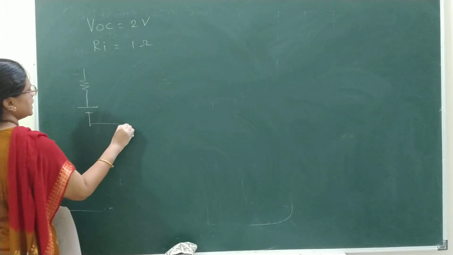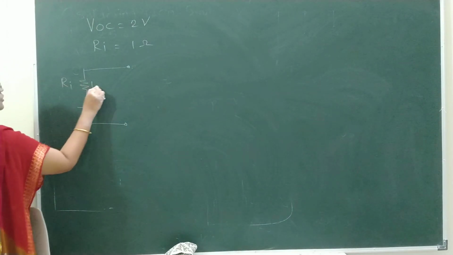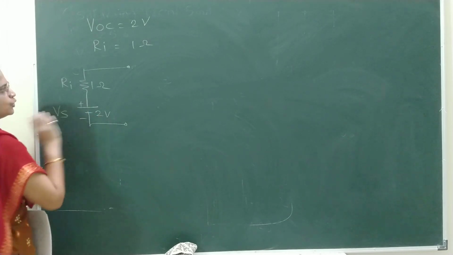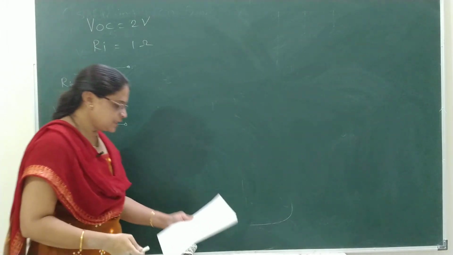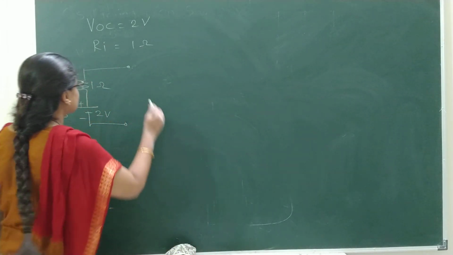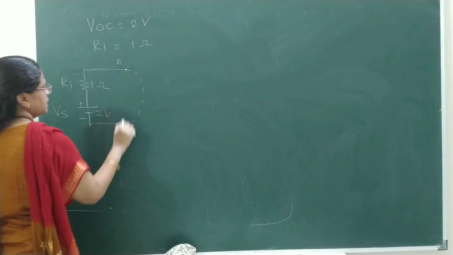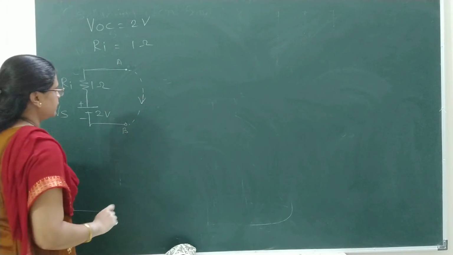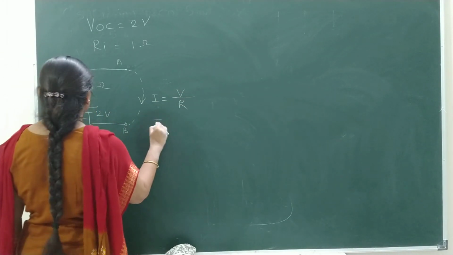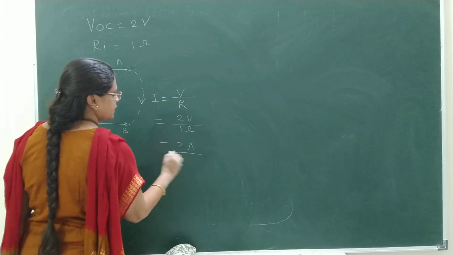Basically, first let's try to find the voltage source part, internal resistance of 1 ohm and VOC, that is nothing but source voltage of 2 volt. So how to convert a DC voltage source into the current source? Here it is. If we short the terminal part, as AB terminals get shorted, current flows through it. So current can be calculated as V upon R. So here it shows 2 volt upon 1 ohm as 2 ampere current.